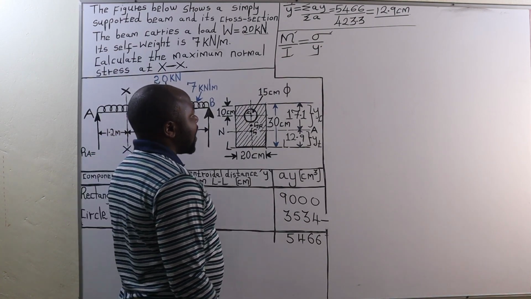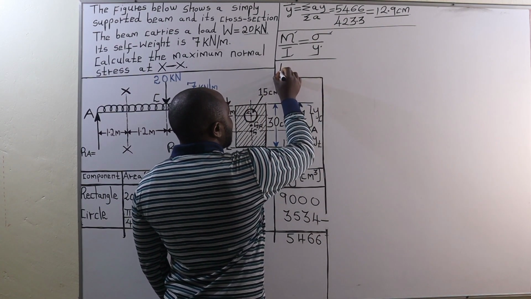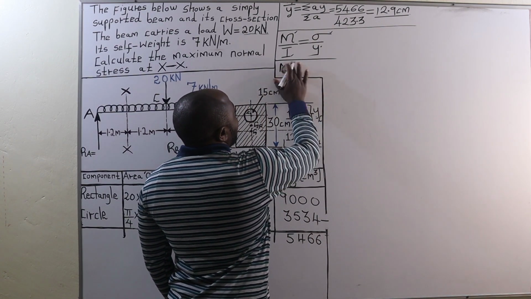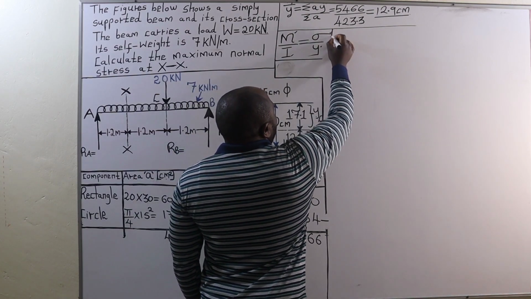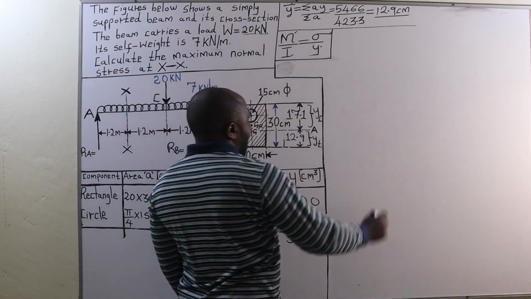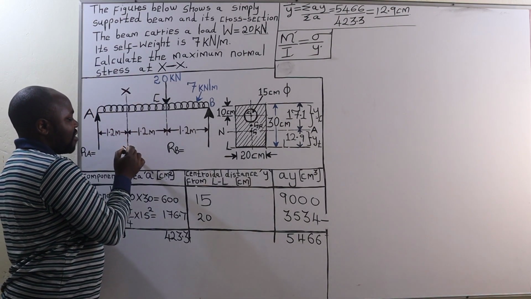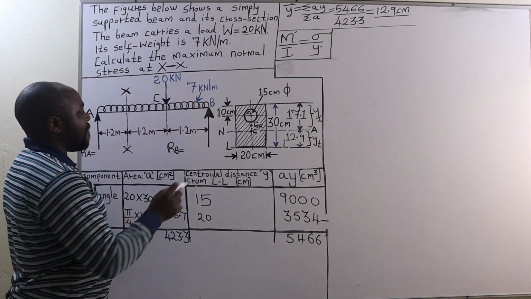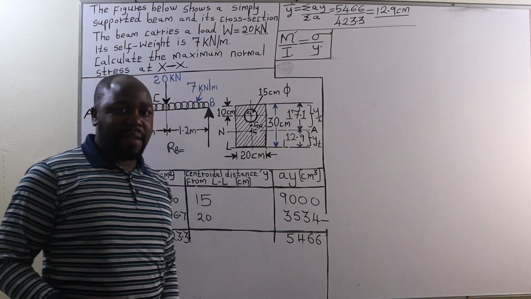Now, starting with the bending moment about the XX section, we are going to find that by taking moments about this section from end B of this simply supported beam.